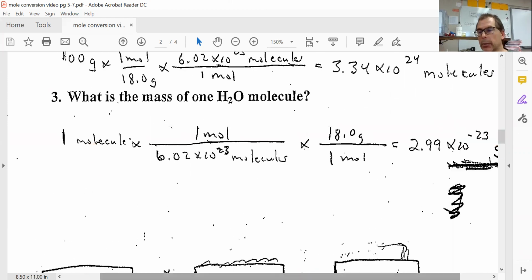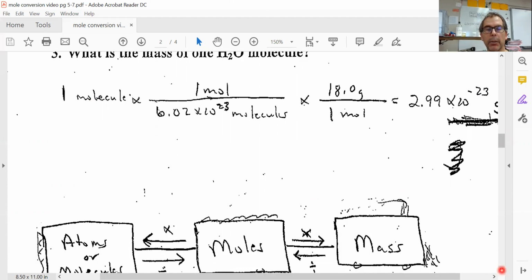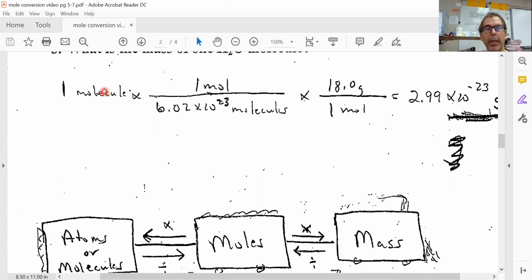1 molecule. Let's bring this up so you can see this a little better. Okay, so I got 1 molecule. I'm going to put 6 times 10 to the 23rd molecules on the bottom and moles on top. So I'm dividing by 6 times 10 to the 23rd. And then I'm going from moles to grams. So what do I multiply by? The molar mass of 18.